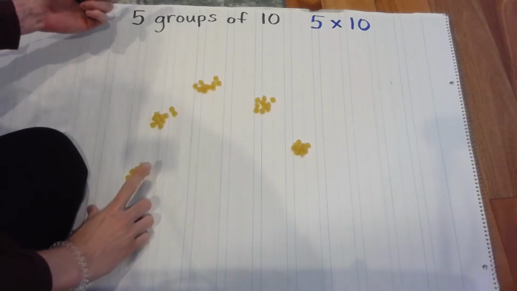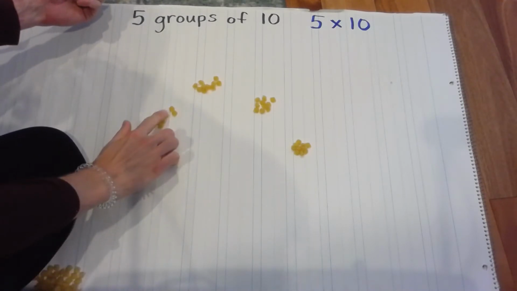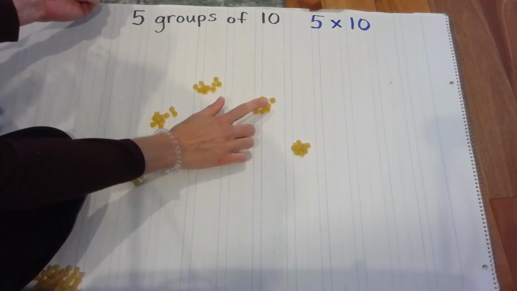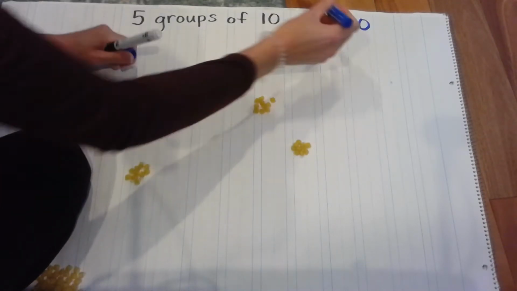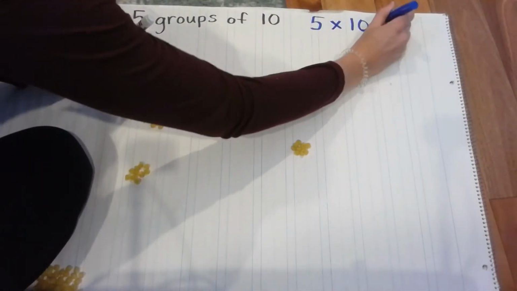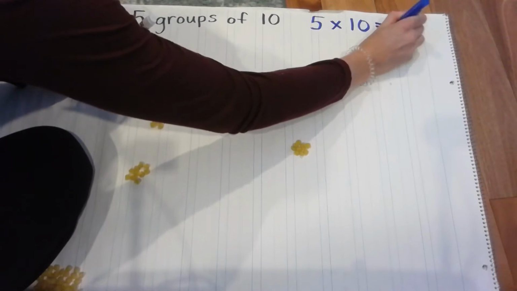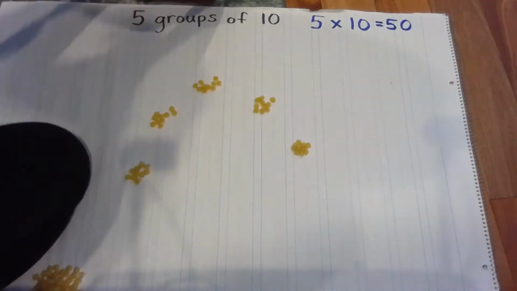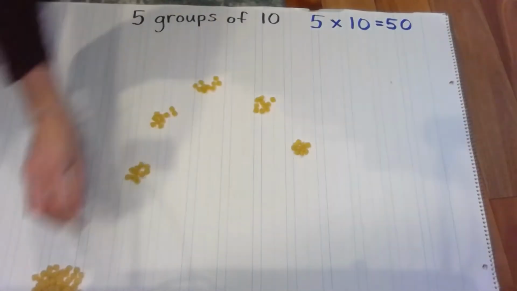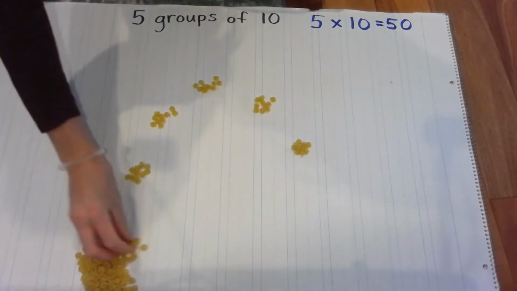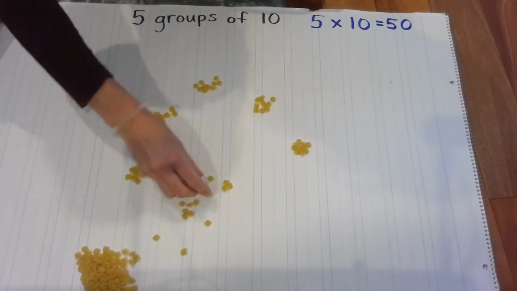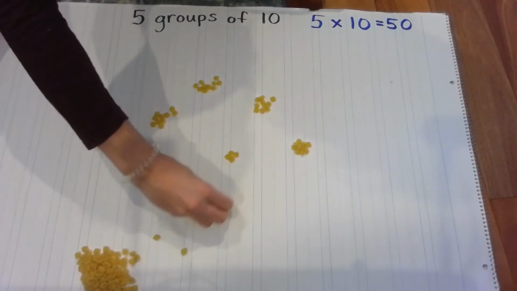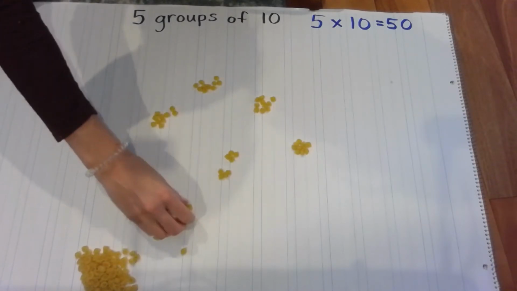So what is 5 groups of 10? We can count by tens to solve. 10, 20, 30, 40, 50. 5 times 10, or 5 groups of 10, equals 50. Good. Let's try to add some more into the mix. Okay, I have 1, 2, 3, 4, 5, 6, 7, 8, 9, 10.